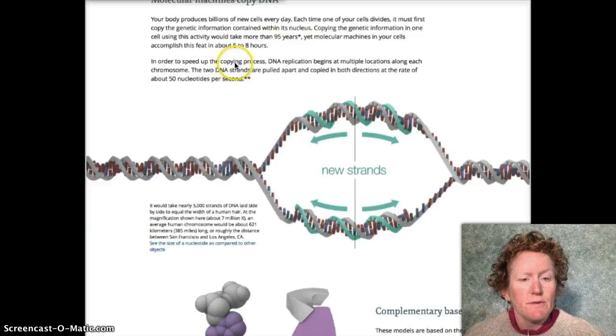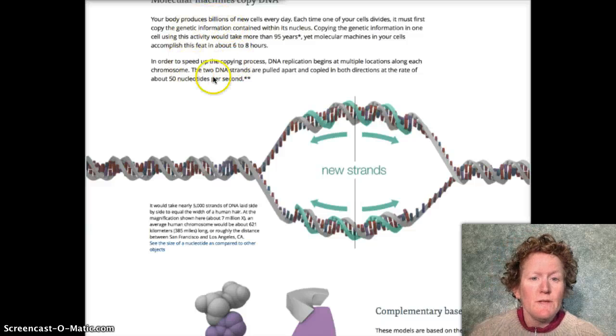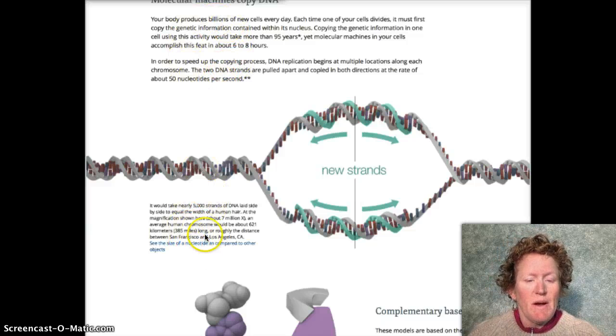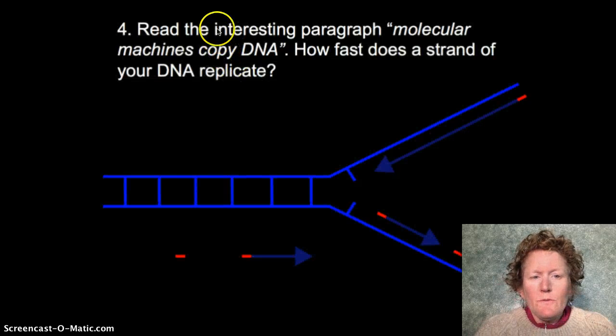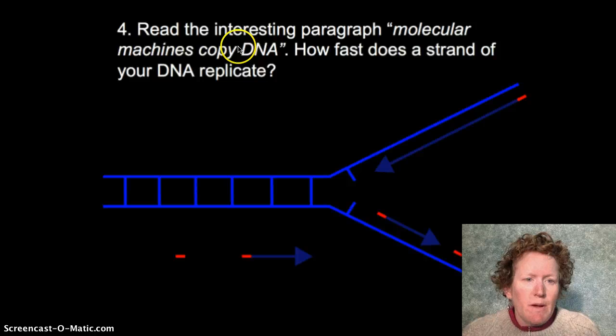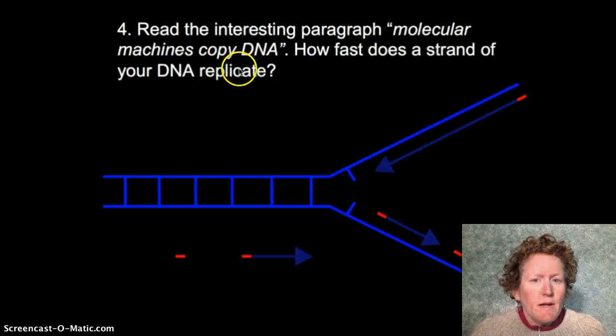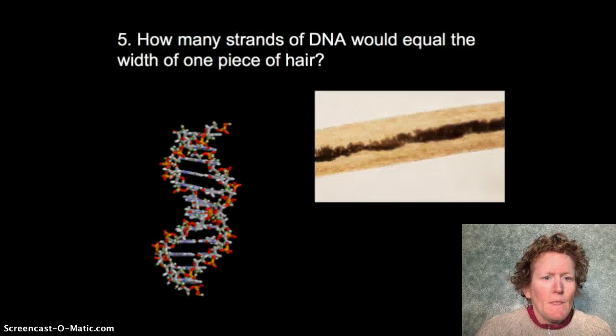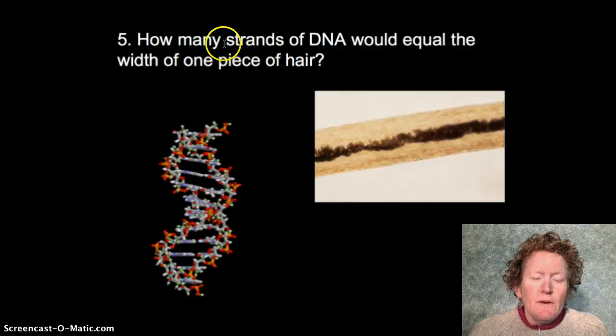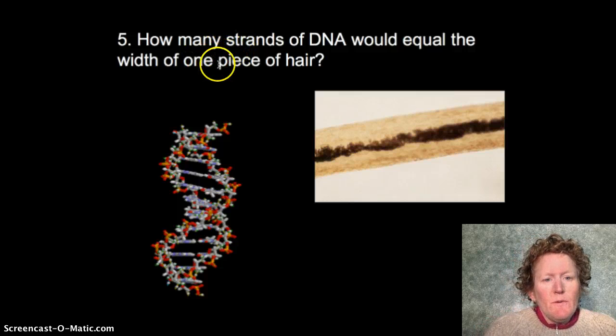Here's your information for question 4. So read this paragraph. So for question 4, you read your interesting paragraph on molecular machines copy DNA, and you found out how fast a strand of DNA replicates. For question 5, you found out how many strands of DNA would equal the width of one piece of hair.